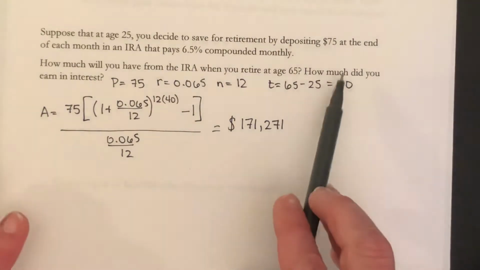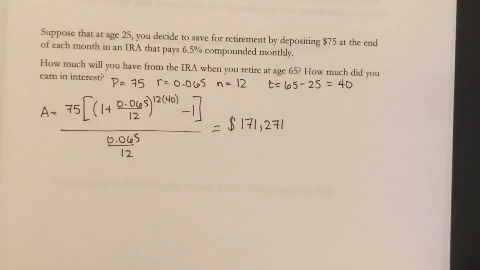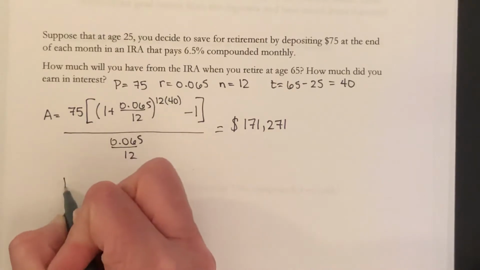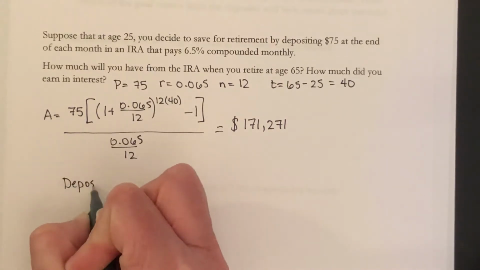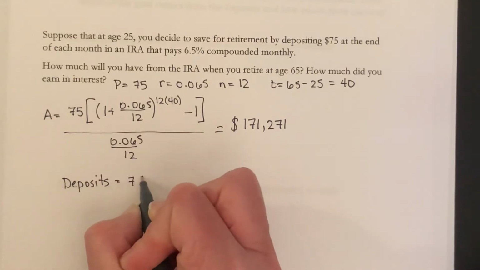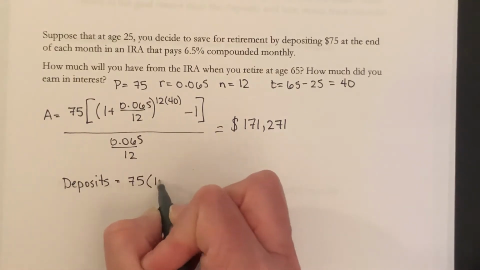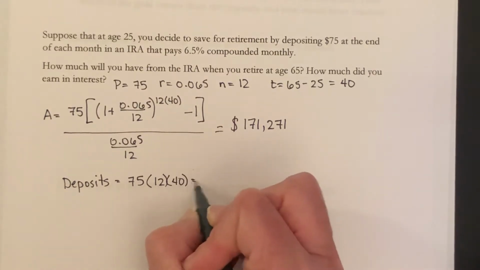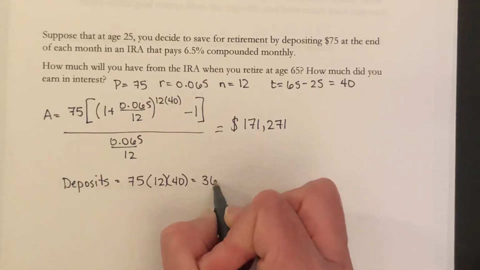Okay. How much did we make in interest? So these are like the previous problems. We first have to figure out how much we deposited, which would be $75 every month for 40 years, which comes out to $36,000.